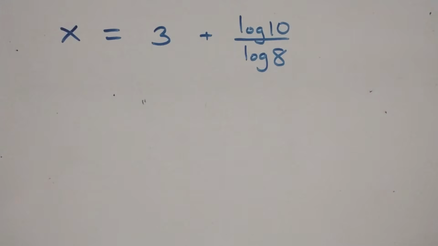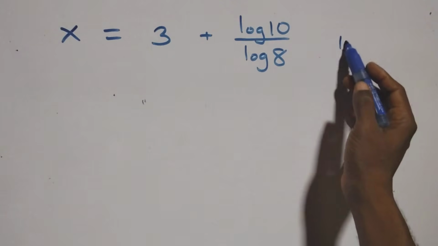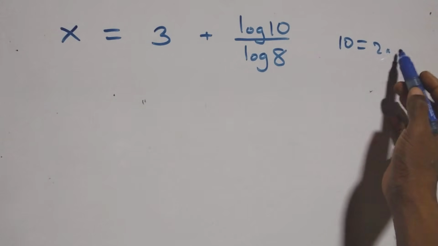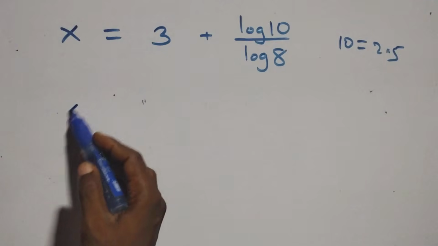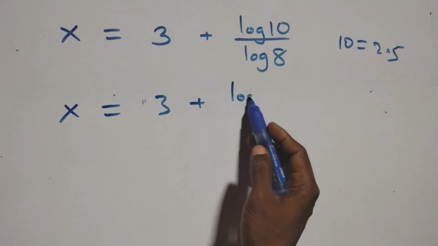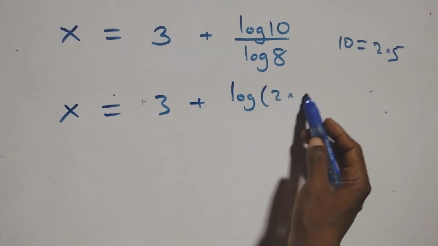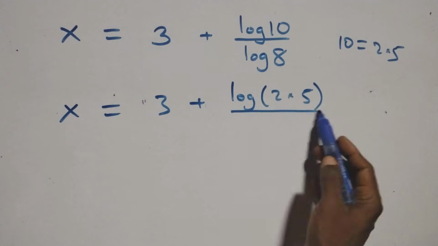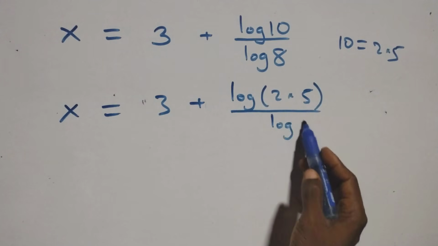Then, next step here, 10 can be expressed as 2 times 5. What we have becomes x equals 3 plus log 2 times 5 over log 8.